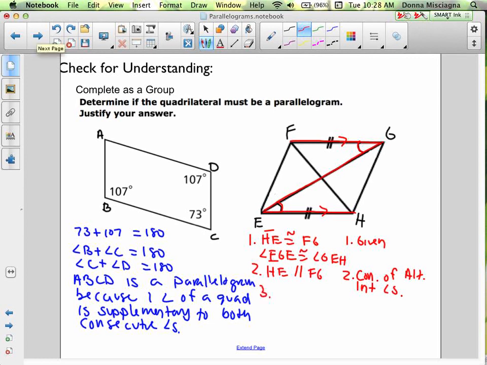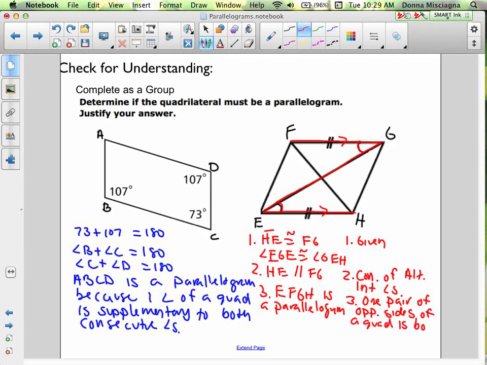So let's start with E. EFGH, we'll be alphabetical. It doesn't matter what I start with as long as I go around in order. EFGH is a parallelogram. The reason that applies: one pair of opposite sides of a quad is both parallel and congruent.